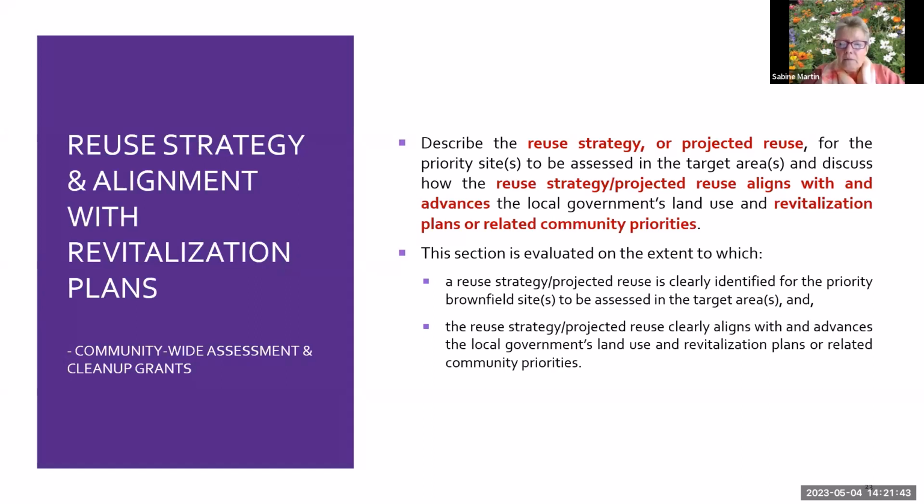And then also make clear that your reuse strategy or projected reuse aligns with and advances the local government's land use and revitalization plans or related community priorities. So this is the nexus maybe to your comp plan, to your master plan, to your revitalization plan, whatever reuse and revitalization plans you have for your community or for the area that you're going to be working in. Next slide, please.